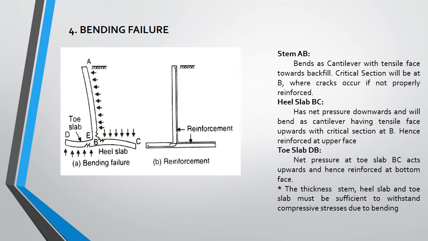Toe slab DB: the net pressure at toe slab DB acts upwards and hence it is reinforced at the bottom face. The thickness of stem, heel slab and toe slab must be sufficient to withstand the compressive stresses during bending, and also the economy must be considered.